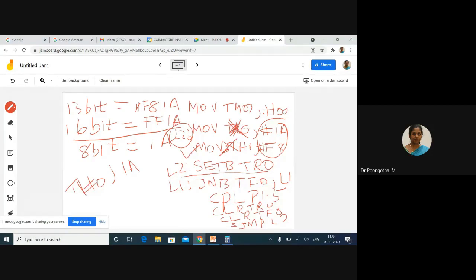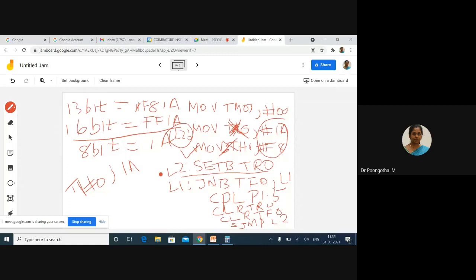Is that clear? Yes, ma'am. So for the 13-bit timer, initialize the TMOD value, load your value, start the timer, monitor the overflow flag. When the overflow flag is set, complement the port, stop the timer, clear the overflow flag. In 16-bit timer mode, just change the initial value of the timer.